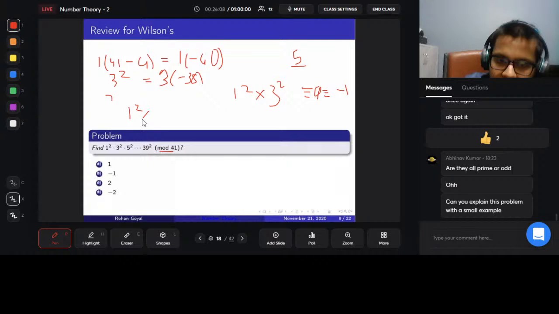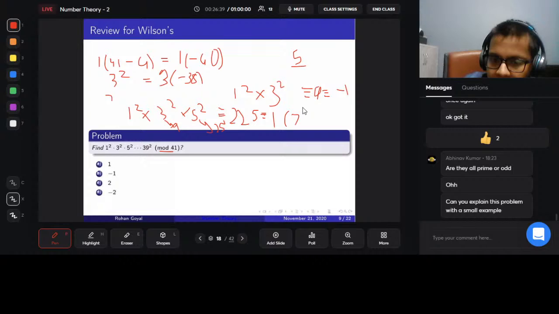So this is 9, 25. So you have 225, which is congruent to 1 because 224 is equal to 32 into 7. So we have to find this for 41.